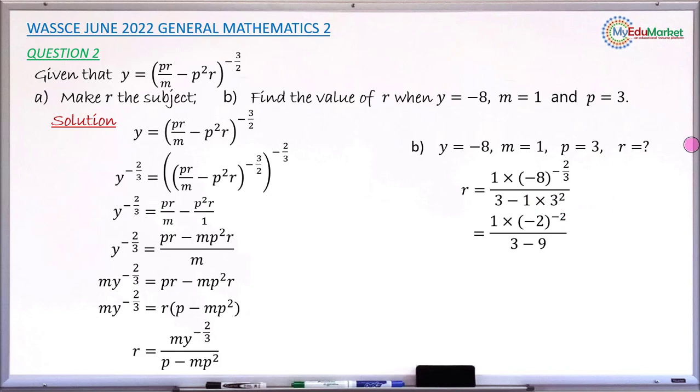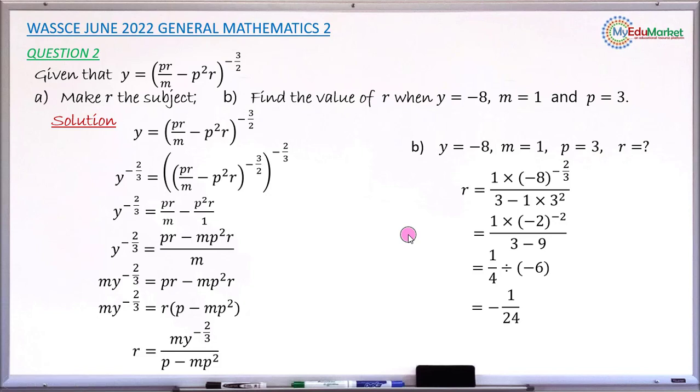So minus 2 raised to the power of minus 2 means simply 1 over 4, divided by minus 6. Divided by minus 6 simply means times 1 over minus 6. That gives a result finally of minus 1 over 24. So this is the value of R if y is minus 8, M is 1, and P is 3. That answers the question completely.